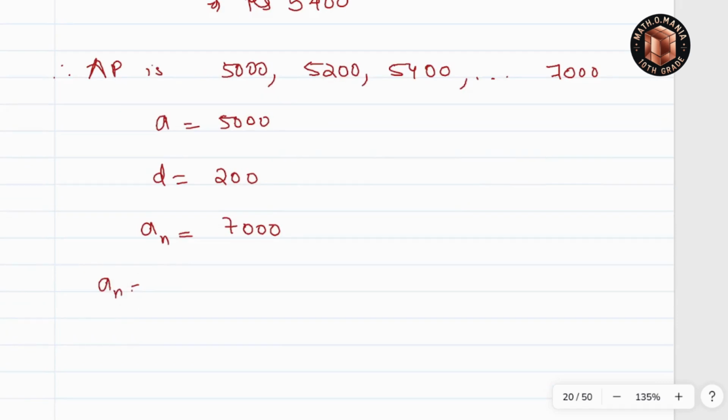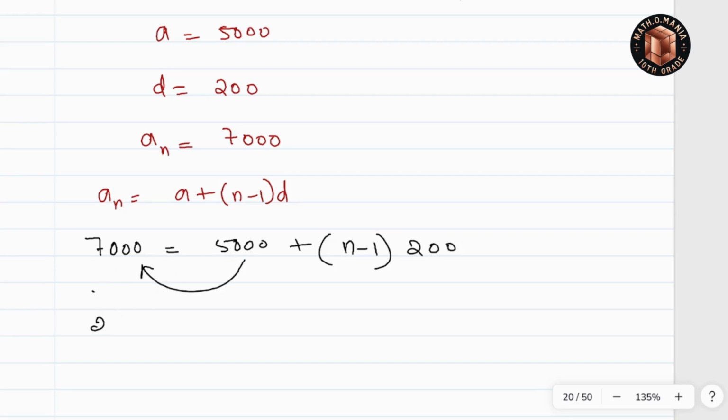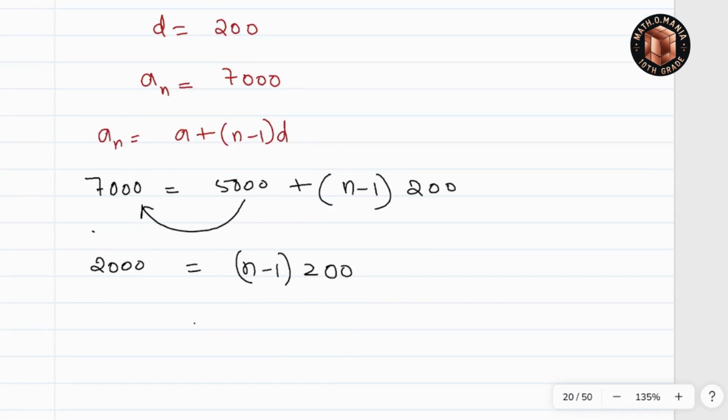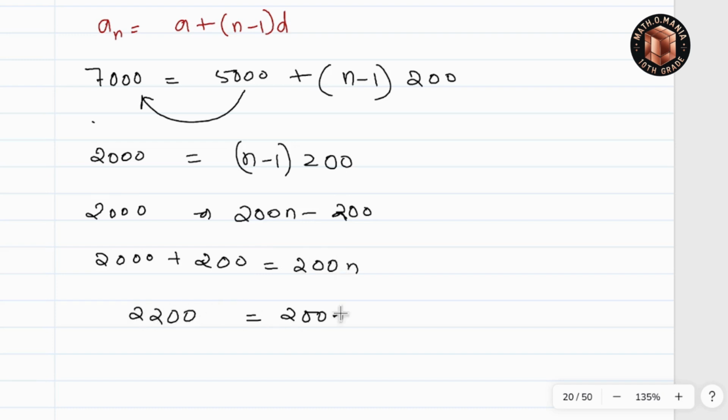Therefore, we can use our equation An equal to a plus n minus 1 into d and substitute those values here. An is equal to 7,000, which is equal to 5,000 plus n minus 1 into 200. That is 7,000 minus 5,000, which is 2,000, equal to n minus 1 into 200, which is 200n minus 200. That is 2,000 plus 200 equal to 200n, 2,200 equal to 200n.